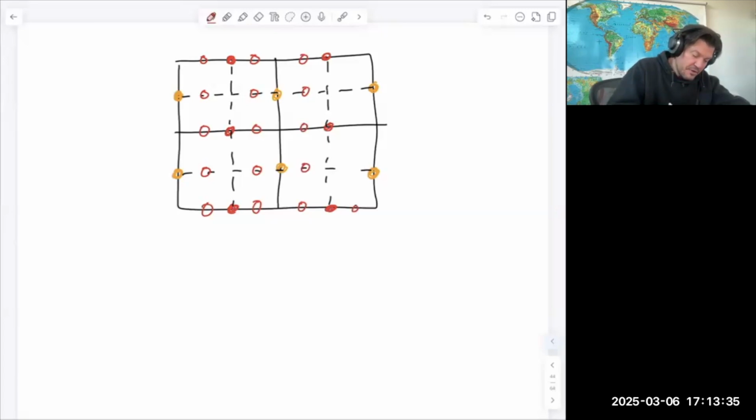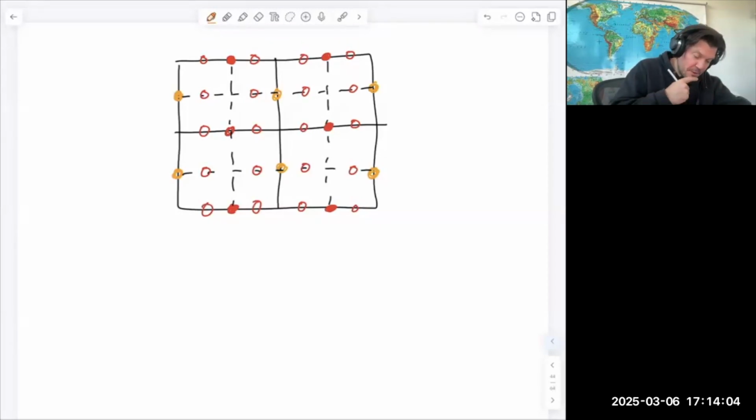I want to distinguish the unfilled points from the filled points. So the ones on the coarse grid are filled. The ones on the fine grid are unfilled. So if the diffusion coefficient is defined at all of the edge points on the fine grid, then it's defined at all of these open circle points. Let's go to the east-west points.